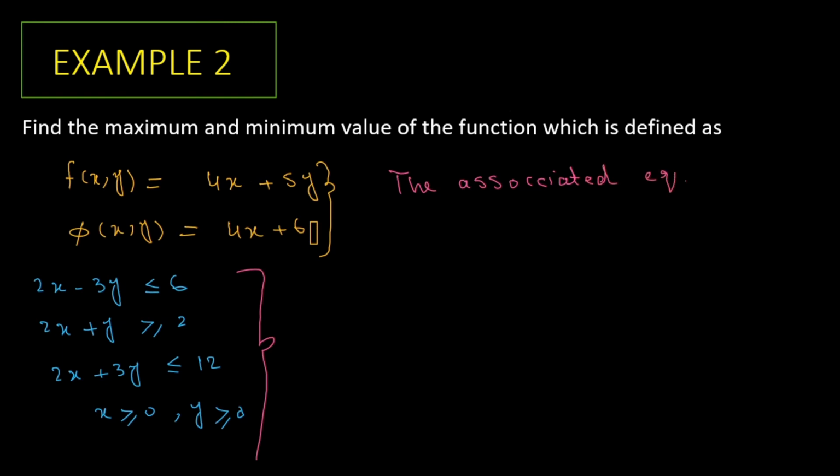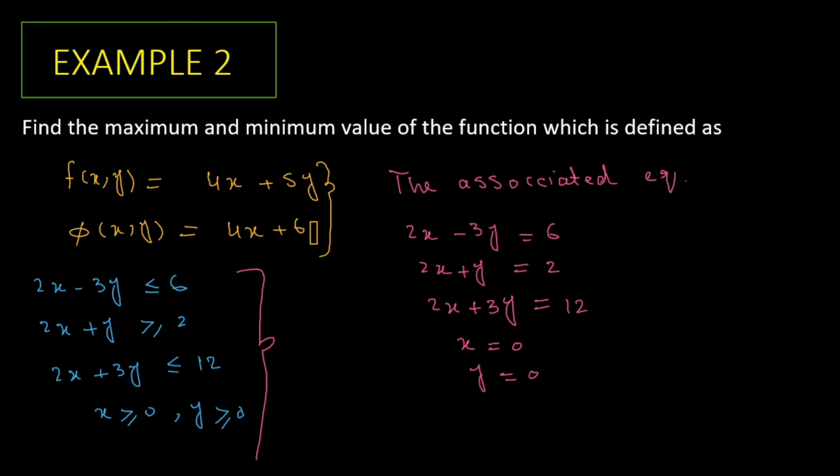The associated equations are 2x minus 3y is equal to 6, 2x plus y is equal to 2, and 2x plus 3y is equal to 12. And x is equal to 0 and y is equal to 0. Feasible region means first quadrant.